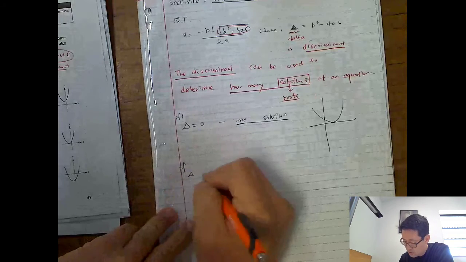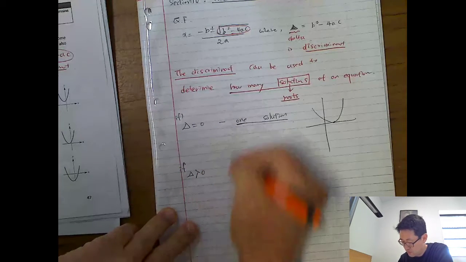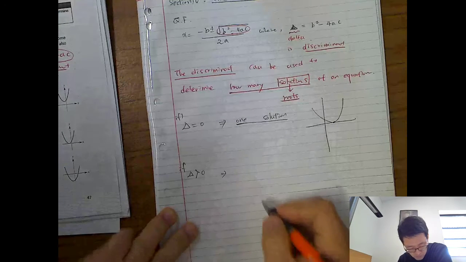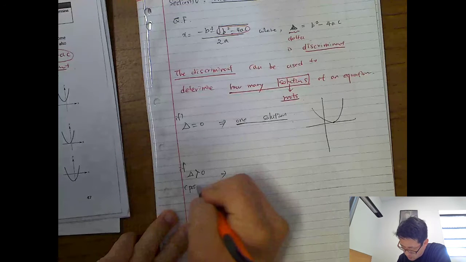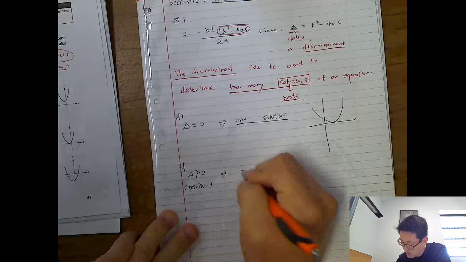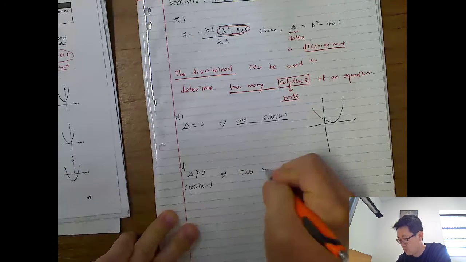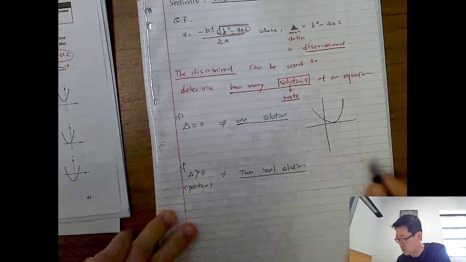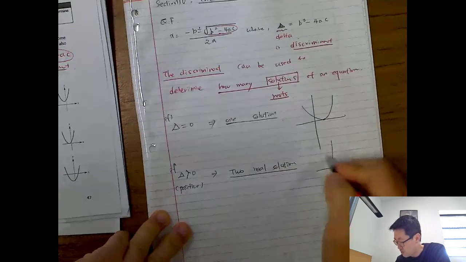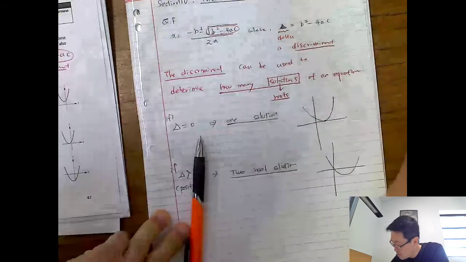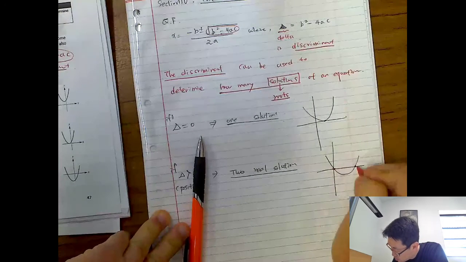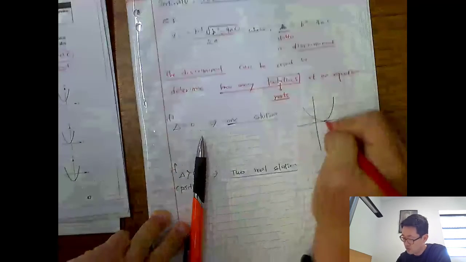If the discriminant is bigger than 0, which means positive, we will have two real solutions, which means they will meet at 2 points, 1, 2 solutions here.